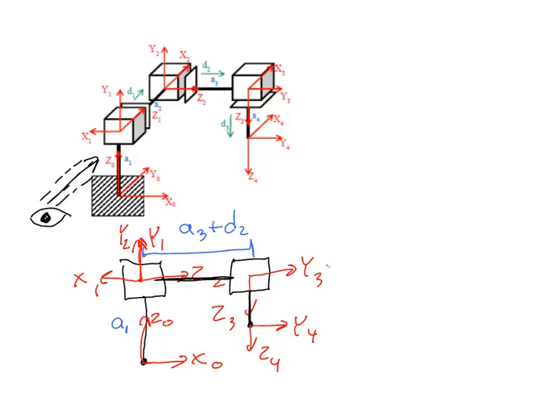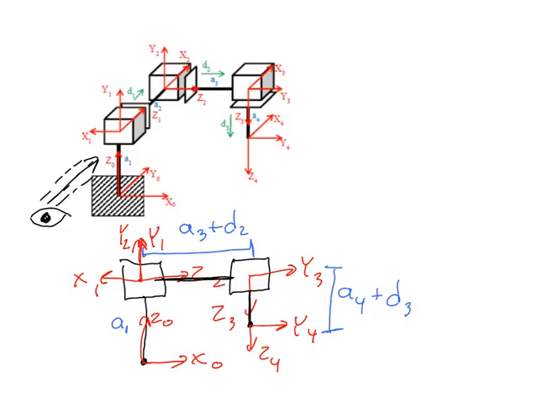And also we know that this distance right here is equal to A4, the length of this link, plus D3, however much this joint has been extended.